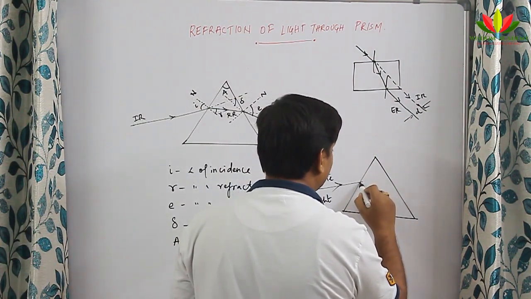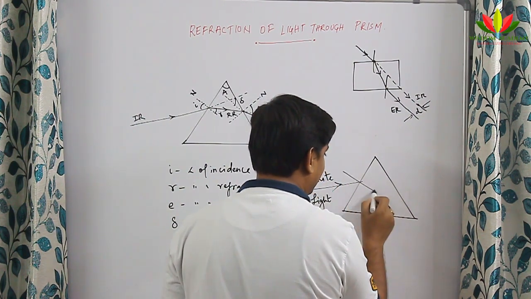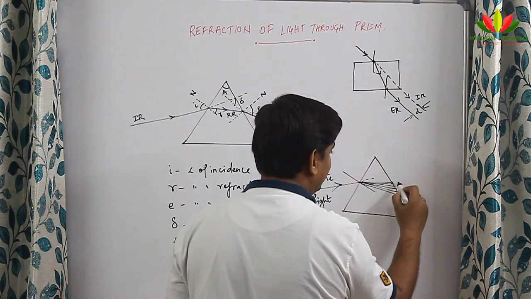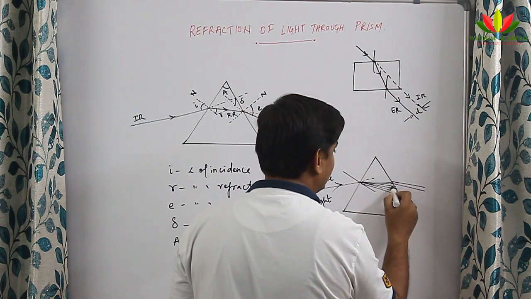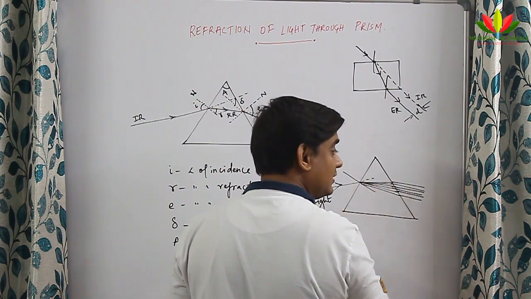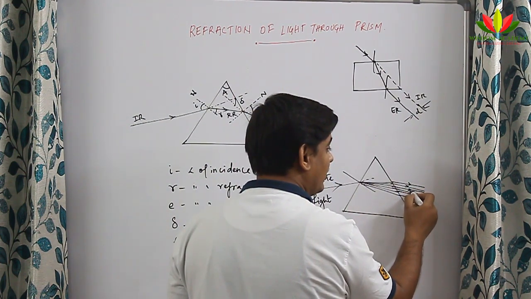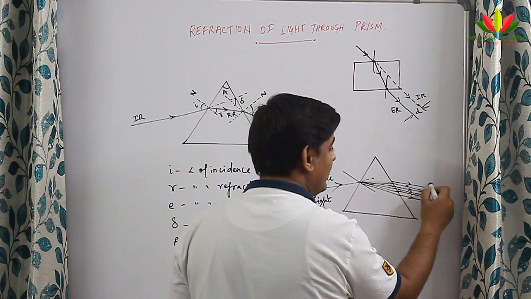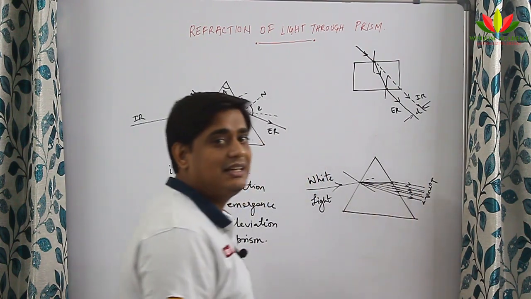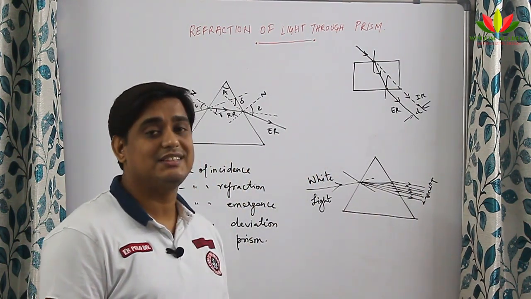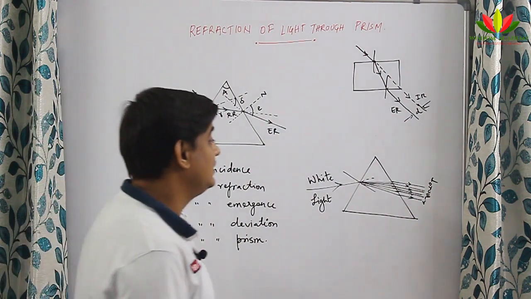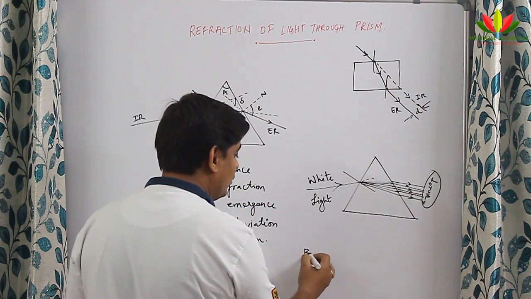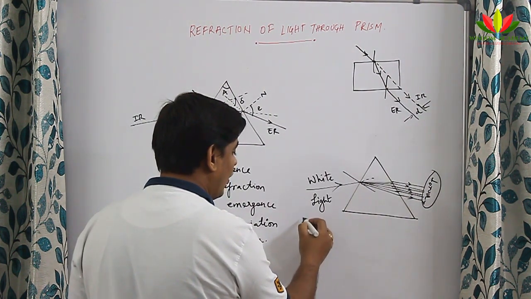When it came out after getting refracted, there was a band of 7 different colors. And what is the order of these colors? It was V, I, B, G, Y, O, R. This is the order in which the light was refracted and coming out. This VIBGYOR is known as violet, indigo, blue, green, yellow, orange and red.